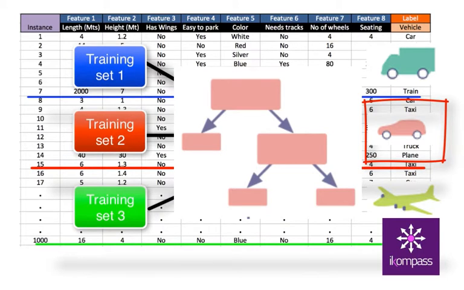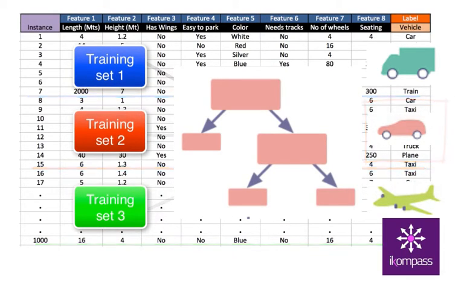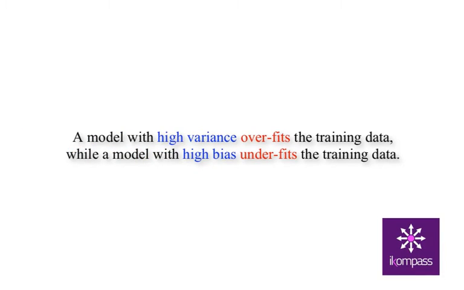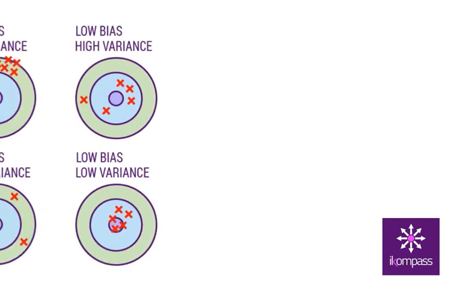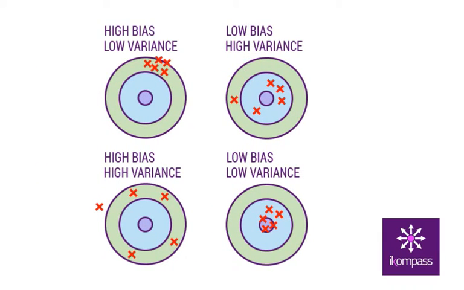A model with high bias is inflexible, but a model with high variance may be so flexible that it models the noise in the training set. That is, a model with high variance overfits the training data, while a model with high bias underfits the training data. Let's explore these concepts of bias and variance through the dart throwing example.